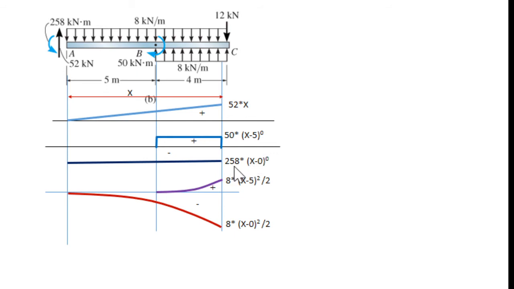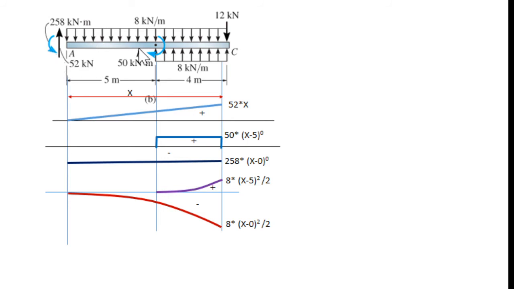So it will remain 258. But we have to write the moment expression this way. You can see your table 15.2 in your text. We have to write the moment expression like this. So we are done with these two.